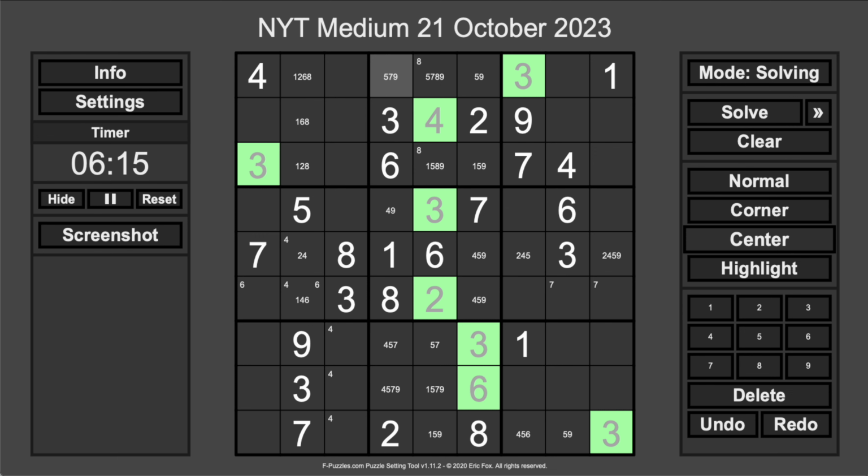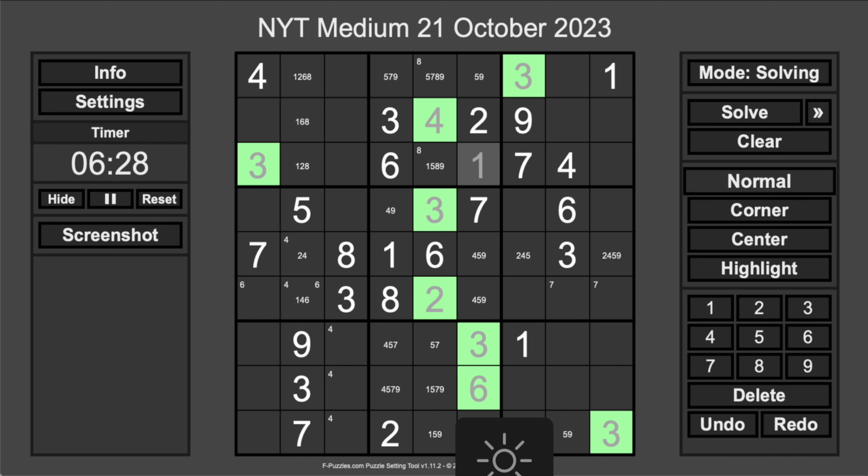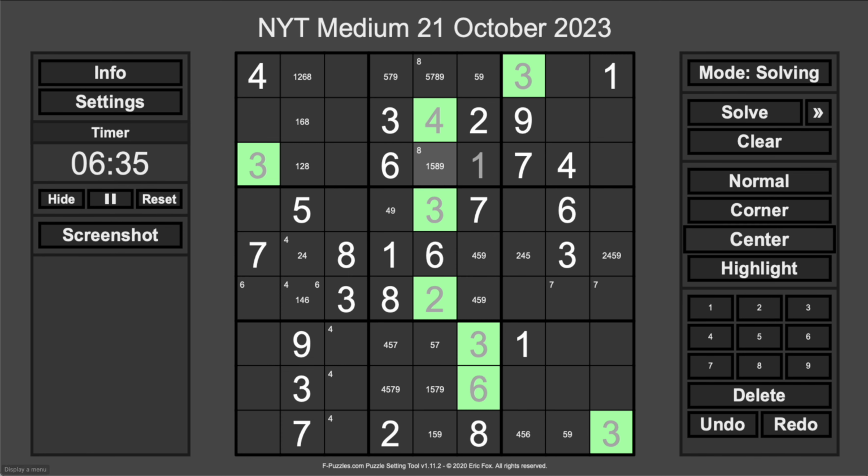Okay, what's left? Well, actually, neither of these nor that can be a 1, so that's a 1. Whoops. Okay. So that has the effect of telling me this is not 1. Okay, well that puts a 1 down here, as expected.